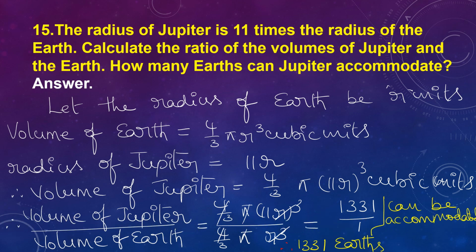How many Earths can Jupiter accommodate? 1331 Earths can be accommodated in one Jupiter. Okay, next we'll go to the next question.